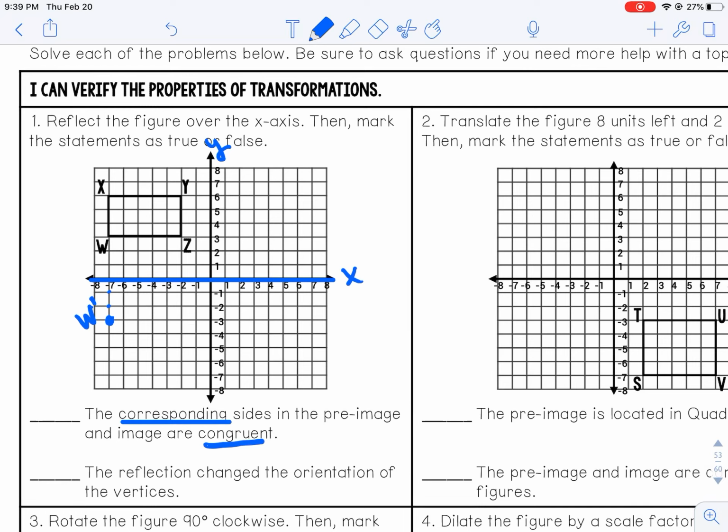It is going to ask you if the corresponding sides are congruent and if the reflection changes the orientation of the vertices. I'm going to go ahead and graph the rest of this one. So here would be Z prime, and 1, 2, 3, Y prime, and X prime. When I put that in there, you are looking for the corresponding sides.